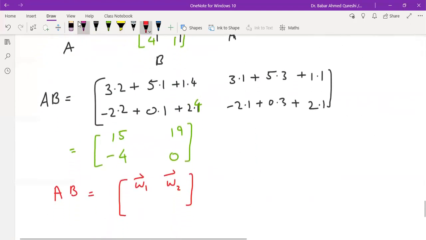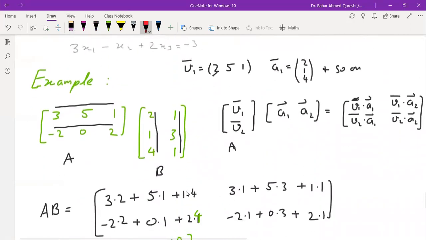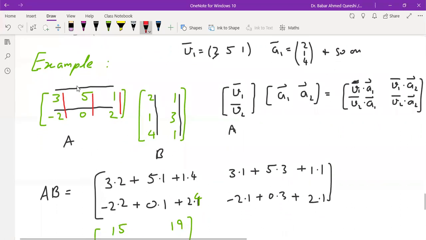So there are 3 of them. So the first column is this one, this is the second column, and this is the third column. Now I know how to multiply a matrix with a vector. So again, I'm going to take this matrix and start multiplying with vectors one by one.